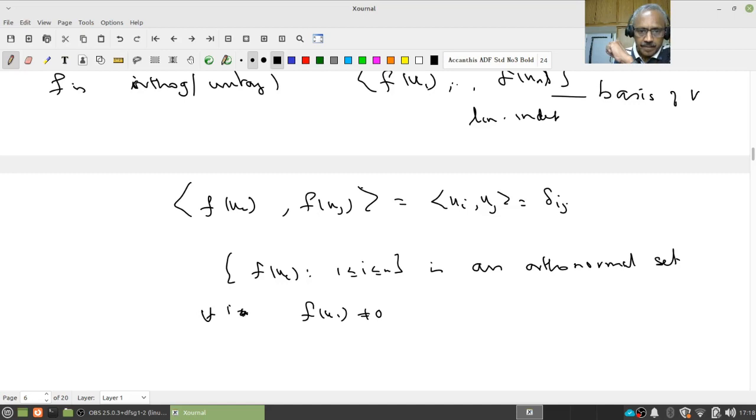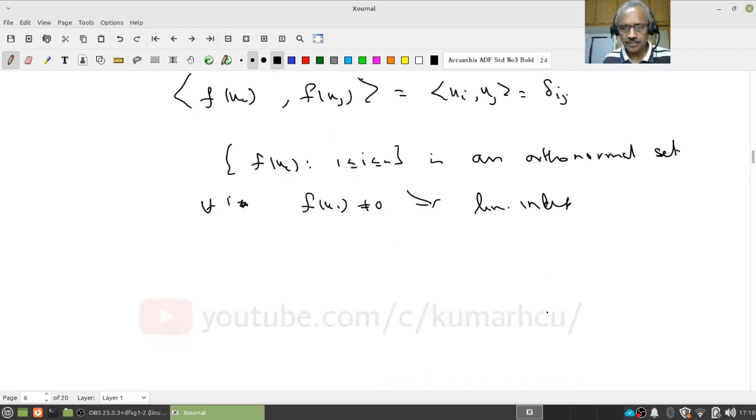Why? Because norm of f of u_i must be norm of u_i, which is 1. Therefore, f of u_i cannot be 0. Do you agree? Therefore, we know this is linearly independent. This is another proof, and hence this is an orthonormal basis.